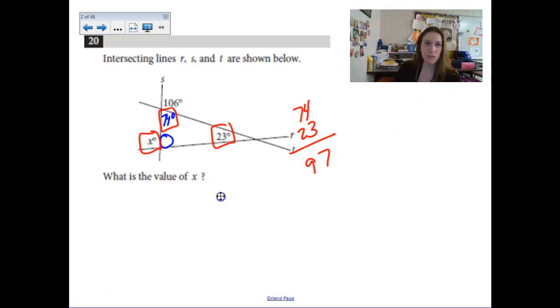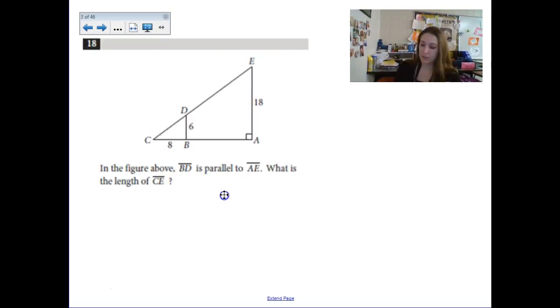All right, moving along. Oh, these baby and mama triangles, right? So I see a little baby triangle, 6, 8, and then something. And then the mama triangle is this big one here. All right, so they're similar triangles because of the parallel lines theorems. You don't really have to remember the theorems themselves, but you do have to know they have a proportionality to them.